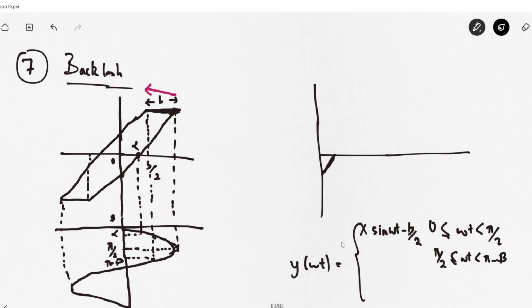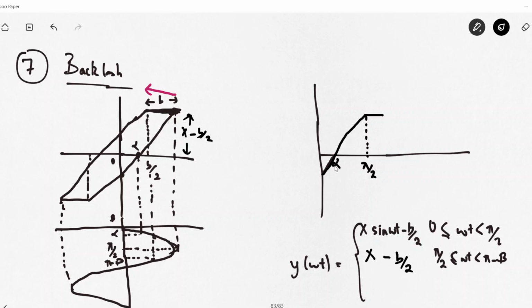That means our output will be saturated. What will be the output value? It will be simply equal to x minus b by 2, where x minus b by 2 is actually the magnitude of this backlash curve. So our output will be saturated in this region. From 0 to pi by 2, we have a sinusoidal waveform, and then our output is saturated. So this is pi by 2.